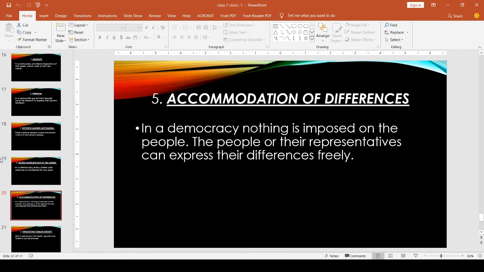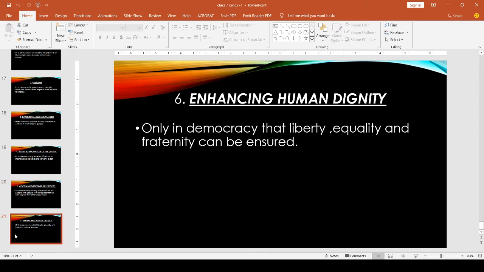Then one more is there, enhancing human dignity. We know that it is only in democracy that liberty, equality, and fraternity are ensured. We learned earlier that in a democracy, liberty is ensured not only in the political field but also in the economic field.